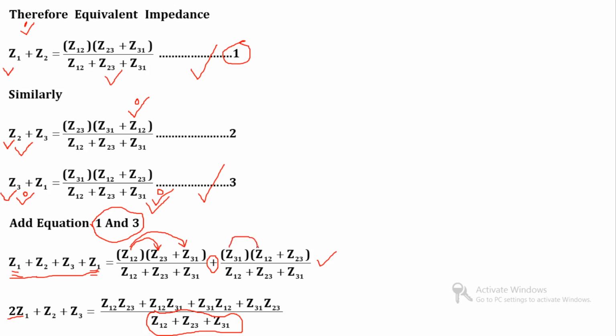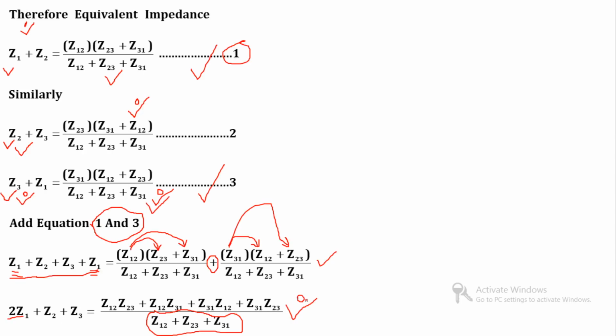Similarly, Z31 with Z12 and Z23. So the numerator will become Z12 into Z23 plus Z12 into Z31 plus Z31 into Z12 plus Z31 into Z23. So this is the further simplification of our conversion from delta to star.